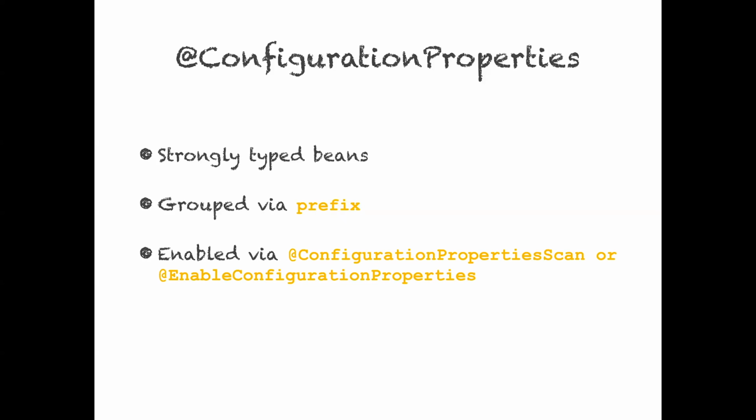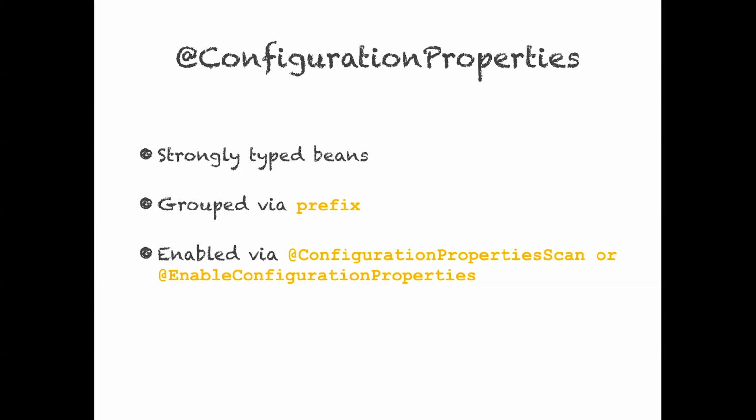Starting with Spring Boot 2.2, we've added an easy way to get these configuration properties scanned, so you don't explicitly need to create the beans for them. You can add the @ConfigurationPropertiesScan annotation, and any configuration properties that are in your application will be picked up and registered as beans.